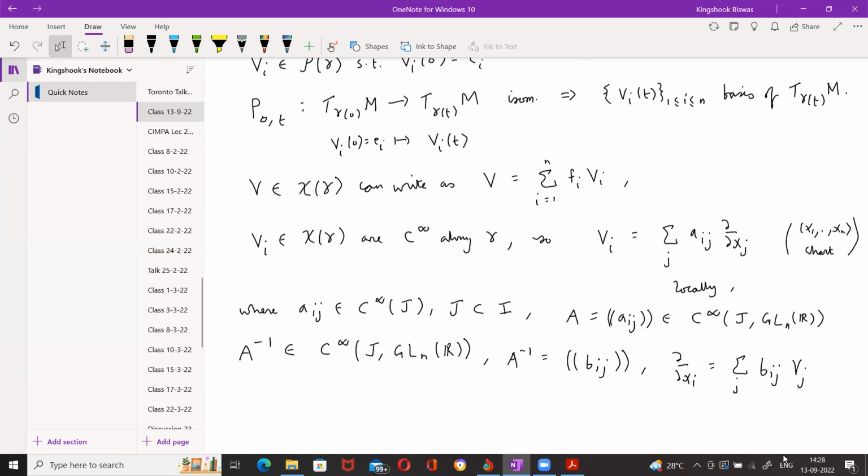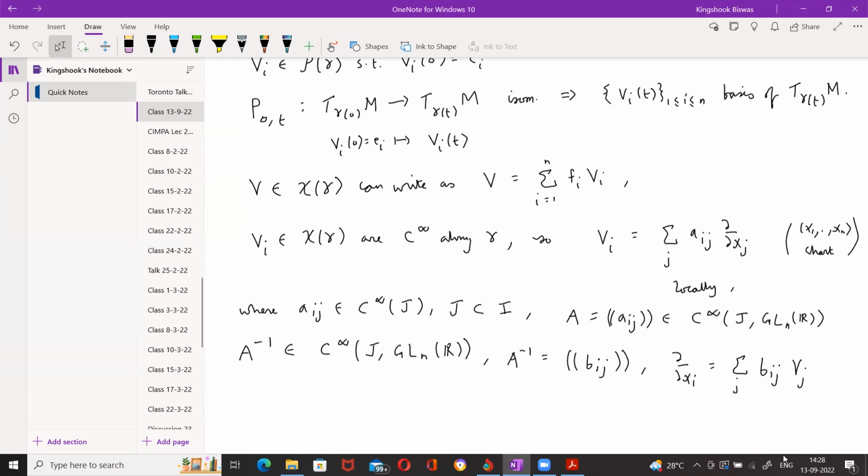And so any smooth vector field V along gamma is a smooth linear combination of the del x_i's, and the del x_i's are smooth linear combinations of the V_j's. Therefore, it is a smooth linear combination of the V_i's. Is this clear?